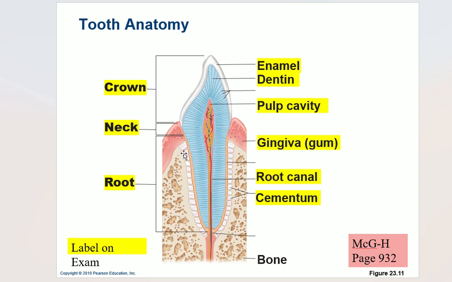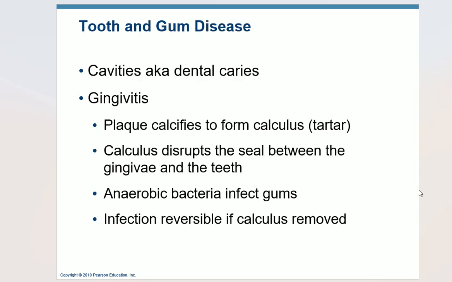And the root is the part that is embedded down into the bone, right? So that's the bottom part. Cementum is calcified connective tissue, and cementum is what holds your tooth in place, essentially. We'll talk about that a little bit more with tooth and gum disease.